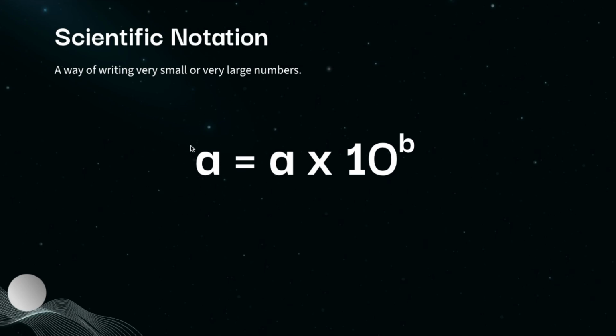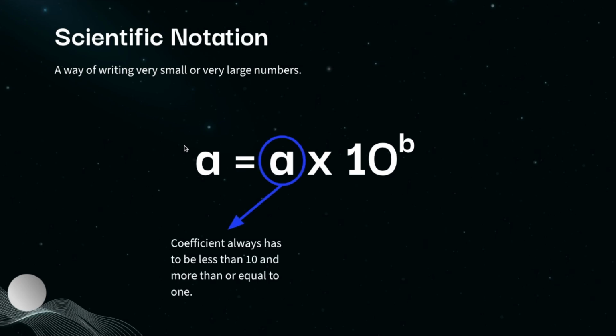This is the coefficient, and it always has to be between 1 and 9, sorry, so it always has to be less than 10. And this will always be multiplied by a base 10. So, for example, if we see here 1,000, it's basically 10 to the 3.